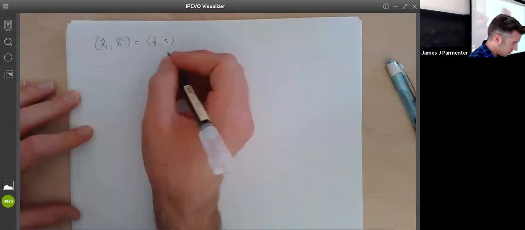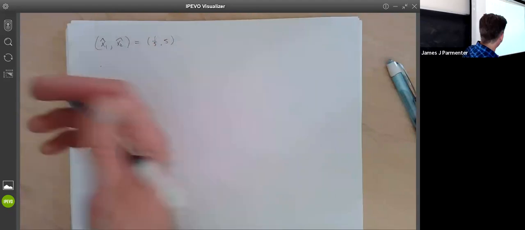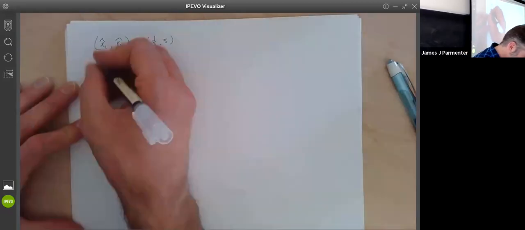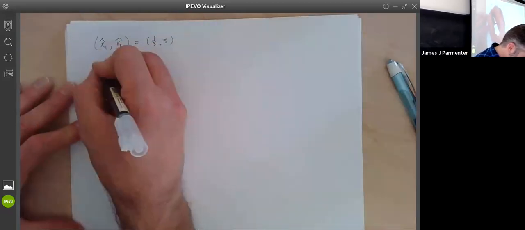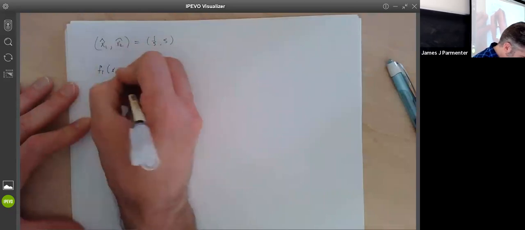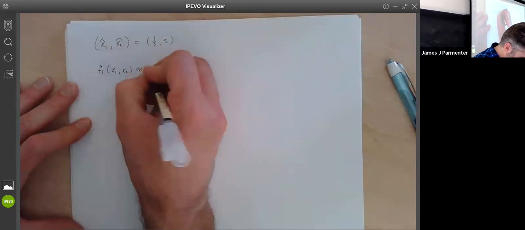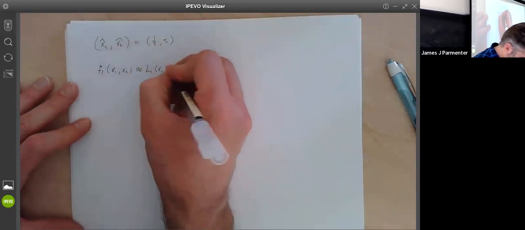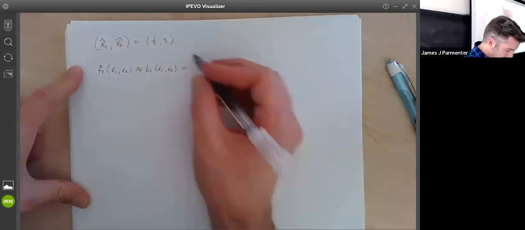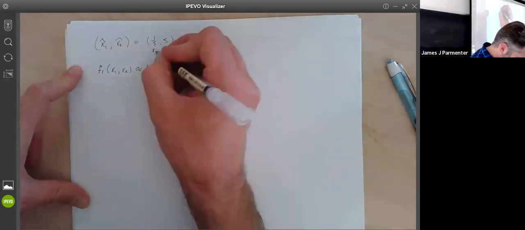So now we're going to do the same equation, right? The same as before, except now instead of plugging in 0, 0, we're plugging in 1/5, 5. So we're going to get that our linearization for the first function, f1 of x1, x2, is approximately the first linearization. This is our x1 hat.